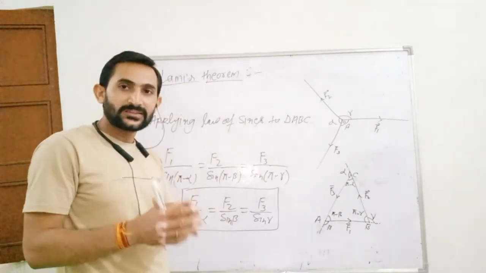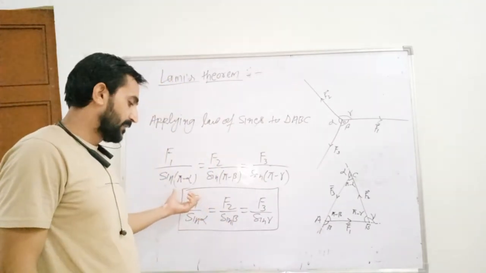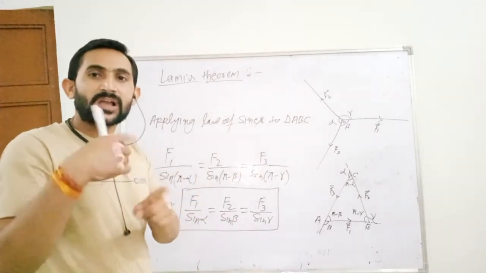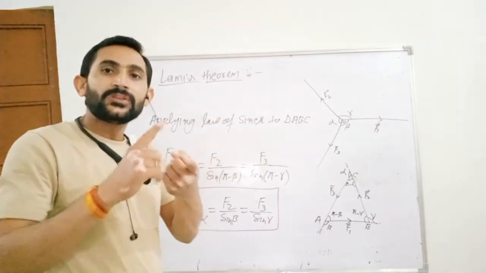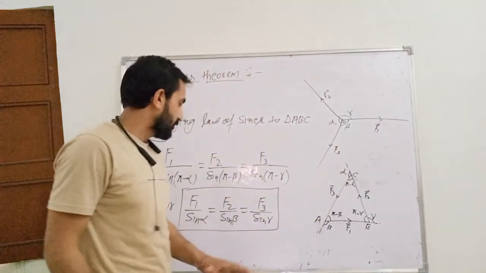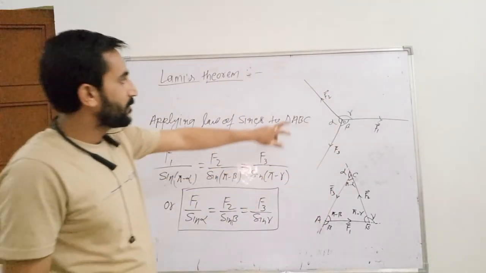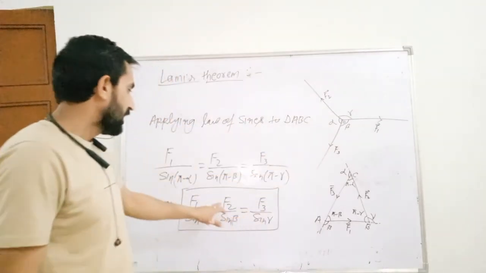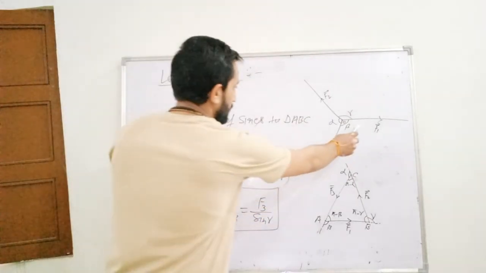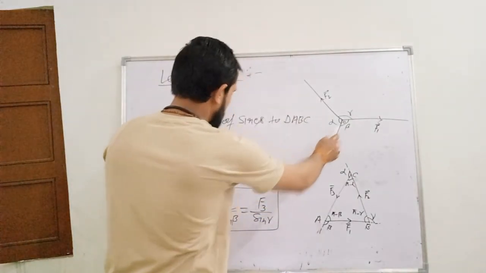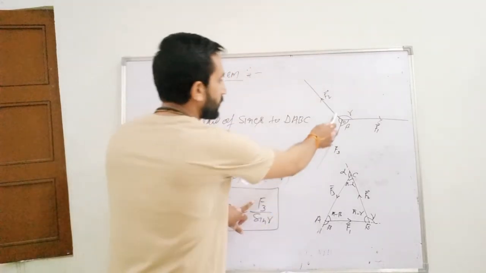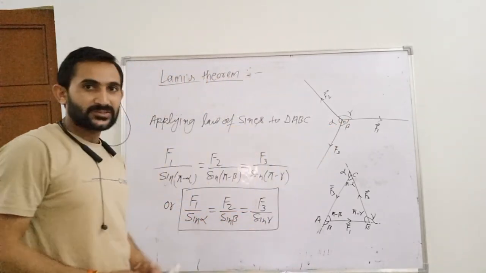Here, the applied force F1 will be directly proportional to the sine of the angle between the two remaining forces, F2 and F3, and the angle between F2 and F3 is alpha. For F2 the remaining forces are F1 and F3, and the sine will be of beta. For F3 the remaining forces are F1 and F2, and the sine will be of gamma. This is Lami's theorem.